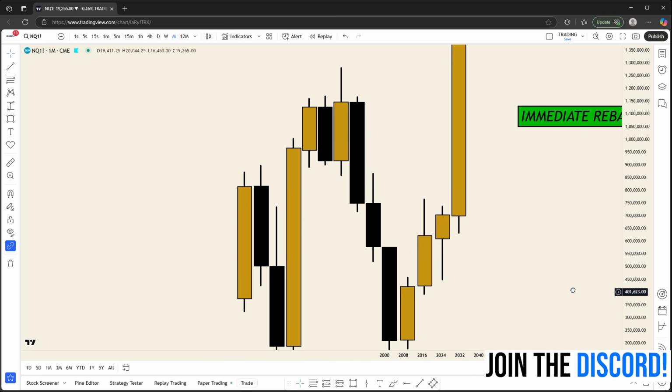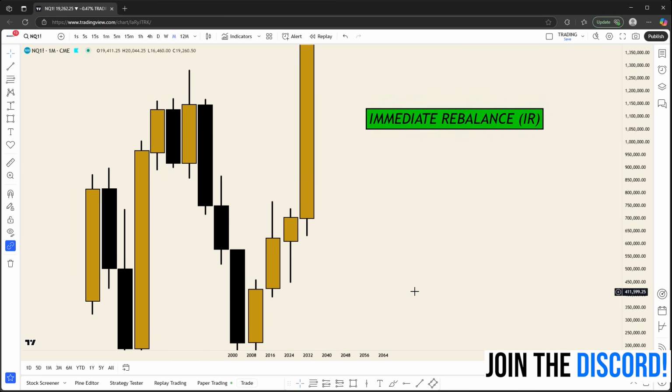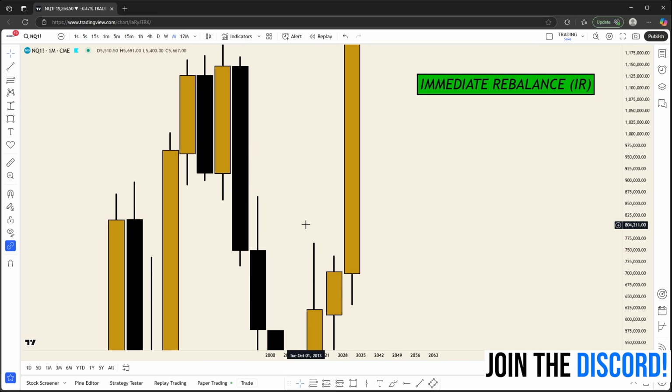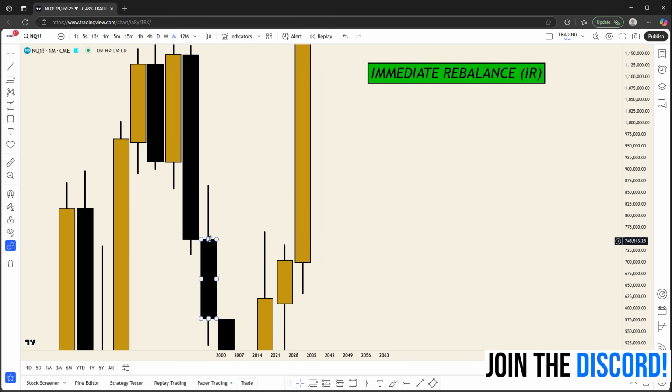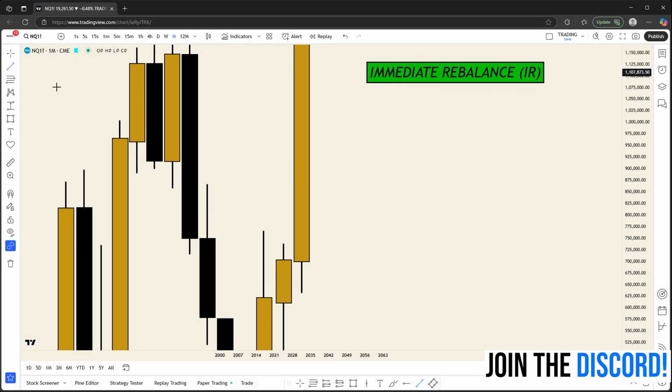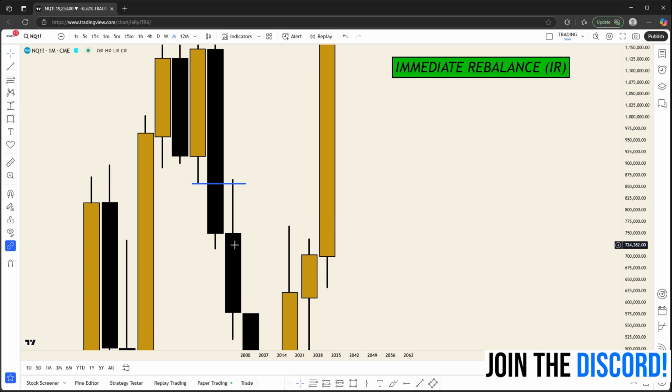So all an immediate rebalance is, is a three candle pattern, just like a fair value gap. But instead of creating a fair value gap, that third candle trades up right to the low of the first candle in a bearish example, and you'll see a bullish example in a minute, and then it rejects off that.